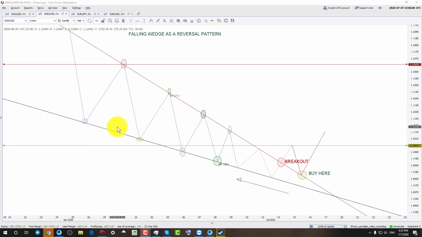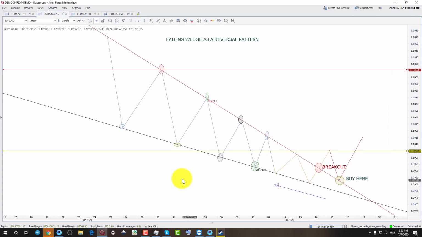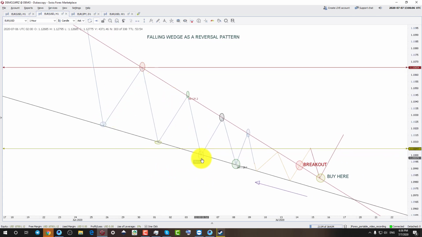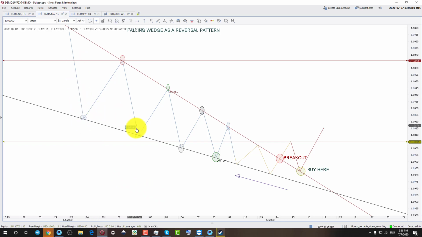To start with, we have this falling wedge, an ideal falling wedge which is having lower lows and lower highs in the formation.